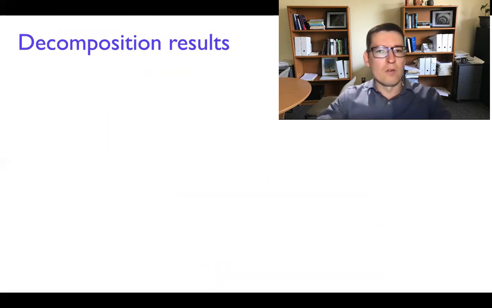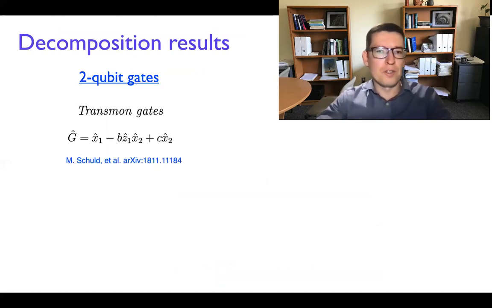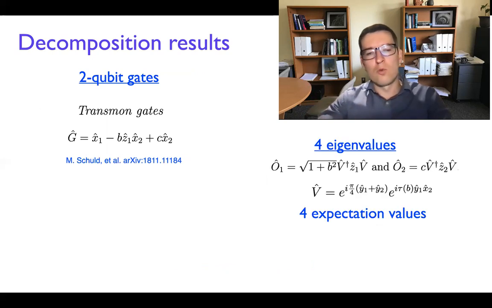All right, so now let's see the decomposition results for 2-qubit gates, this transmon gate that we looked at, which was discussed in the original shift-rule publication in 2018. It was concluded there that there are 4 eigenvalues, and that's why the shift-rule is not applicable.